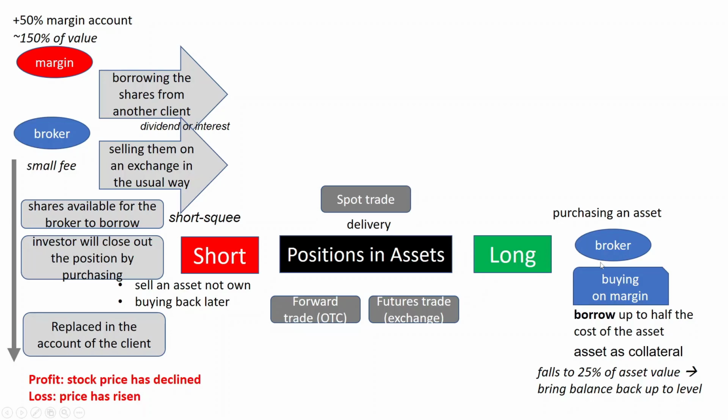In a more complicated way, we can say that we can create a long position through buying on margin. So we're borrowing some assets, and then if the asset value falls by 25%, we can increase the collateral.